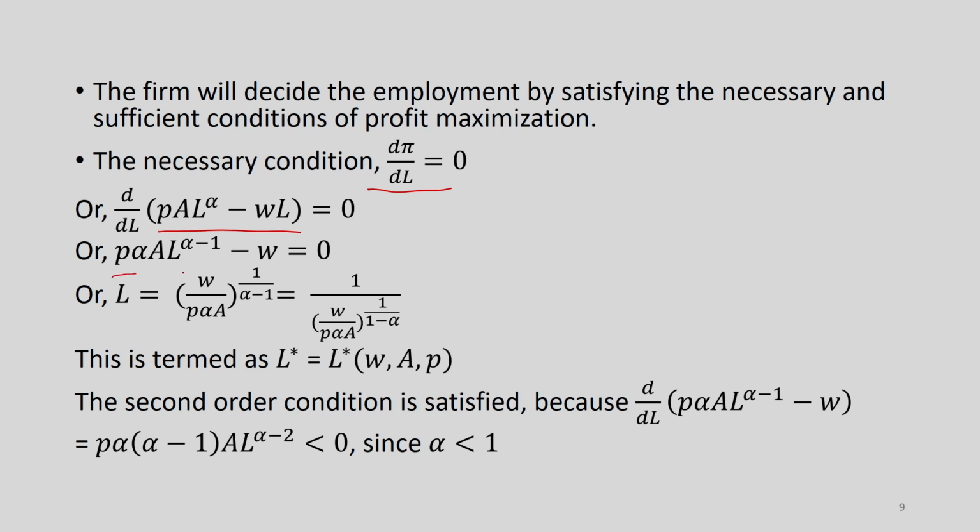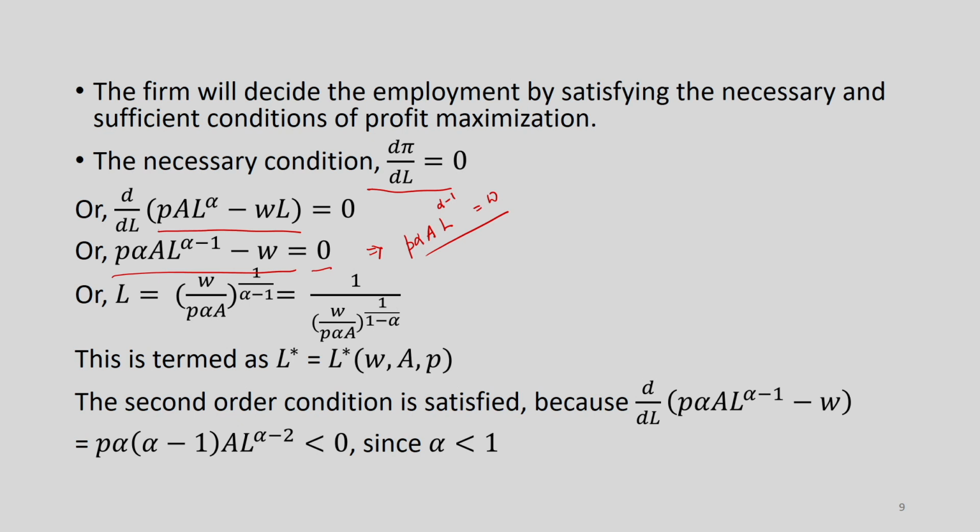I take the derivative of this. So, I get p alpha A L to the power alpha minus 1 minus w is equal to 0. This can be rewritten as p alpha A L to the power alpha minus 1 is equal to w, just adding w to both sides.